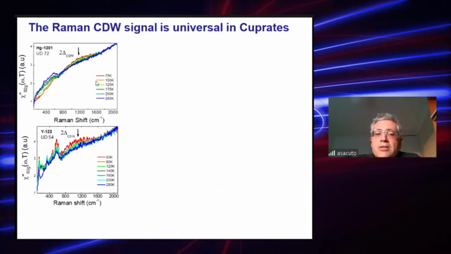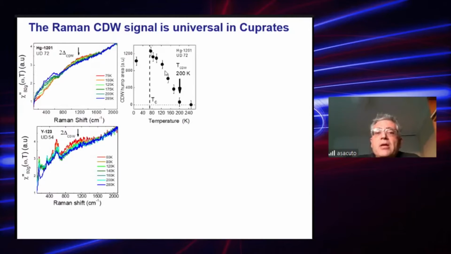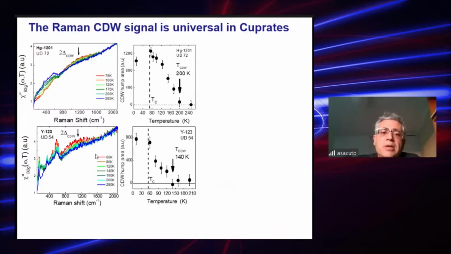Then, as a function of temperature, we can determine the integrated area of the hump and define the collapse of the integrated area to define the transition temperature of the charge density wave. So we find 200 K for this compound, for this specific doping, and here we find 140.